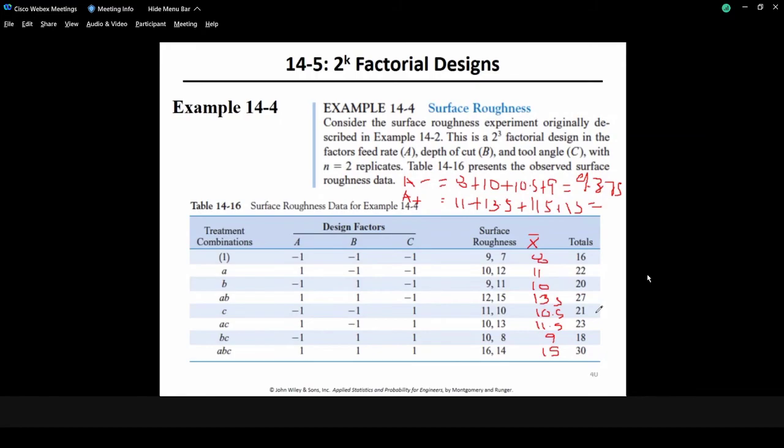Divided by 4, 12.75. Okay, like this. A plus is 12.75. This one is 9.375.